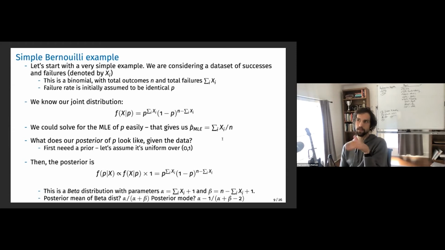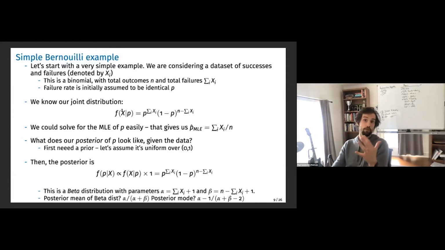Identical failure rate, p. So we know the joint distribution, because we can just write this out. The joint distribution is inherently going to be the product of all of them. Each marginal one is just p to the power of whether or not it failed, times 1 minus p to the power of whether or not it didn't fail. You take the product, it'll be this.